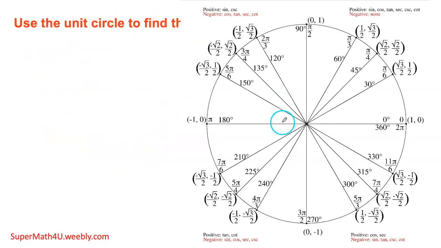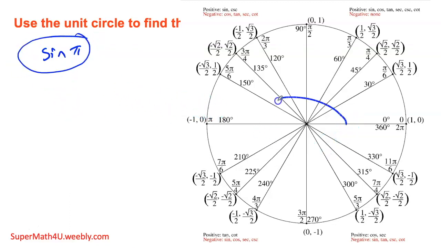One thing that I want to talk about before we go is the quadrantal angles, because all of what I did was pi over 6, pi over 4, and pi over 3. But what if I have, let's say, sine of pi? This is pi, all right?